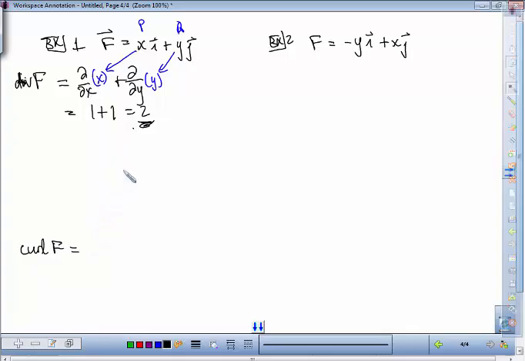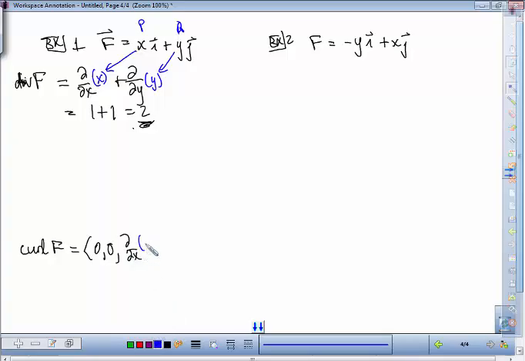So the curl, since this is two-dimensional, I know my first two components are going to be 0, so I might as well just go ahead and put a 0, 0 there. And now, for the last component, I want the derivative of q with respect to x.